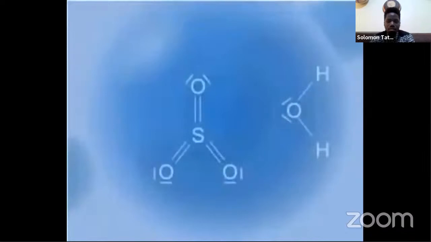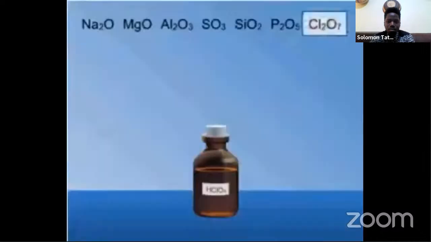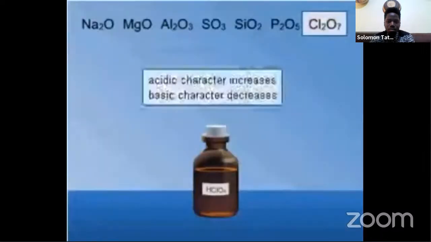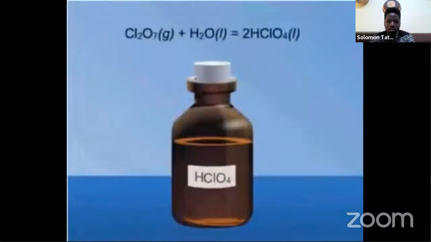The lone electron pair on the oxygen atom in the water molecule is attracted to the unoccupied d orbital in the sulfur atom. As a result, a coordinate bond forms between oxygen and sulfur. At the same time, a hydrogen ion separates from the adduct, causing the medium to become acidified. Chlorine 7 oxide has the strongest acidic character among the oxides of period 3 elements. The reaction between this compound and water leads to the formation of chloric 7 acid, one of the strongest acids known.